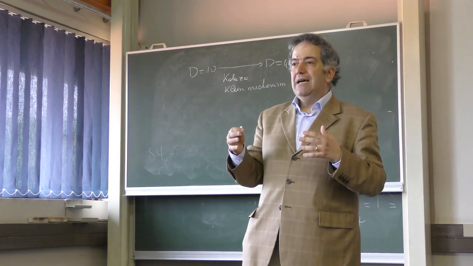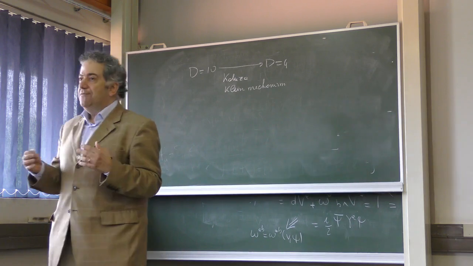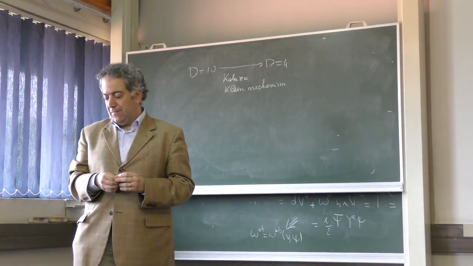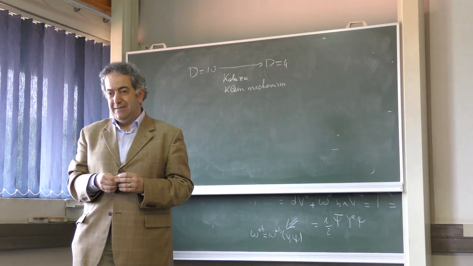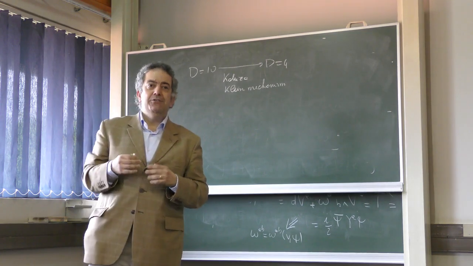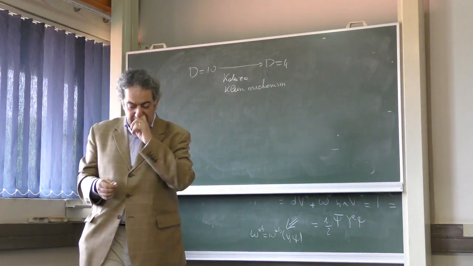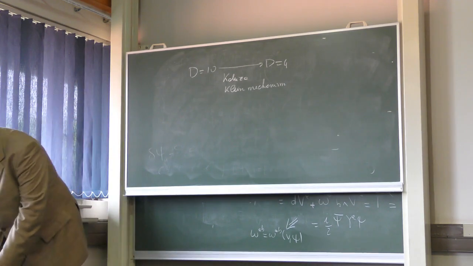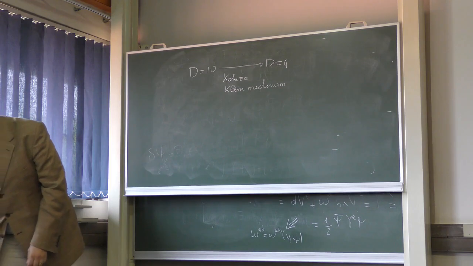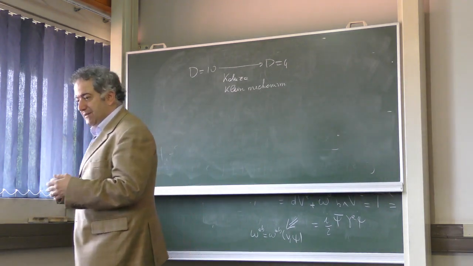So this Kaluza-Klein picture provided a way of unifying gravity with electromagnetism by describing them as components of a higher dimensional metric that you would dimensionally reduce. Unfortunately, as a unification scheme, it was not successful. It also produces scalars, massive scalars.